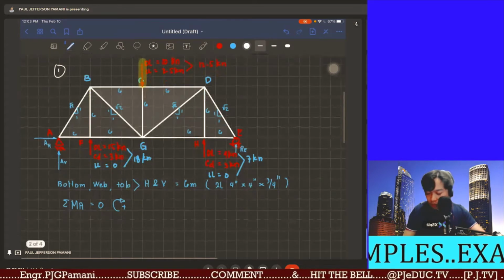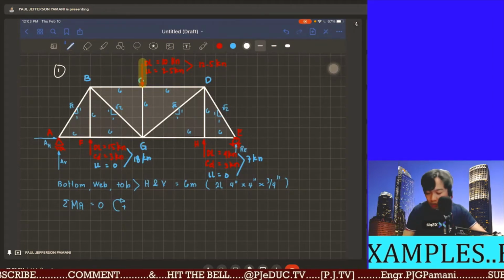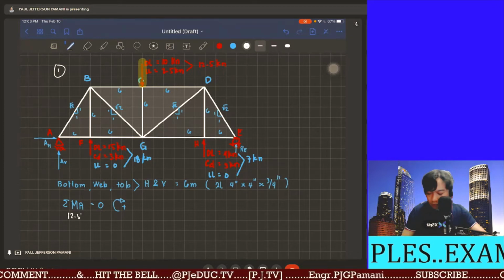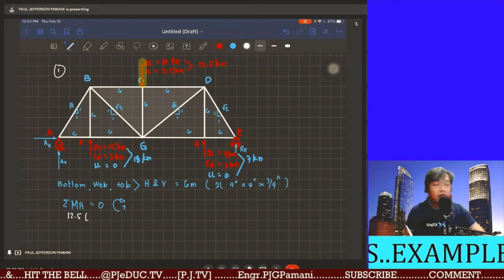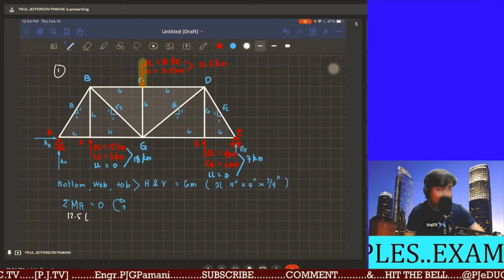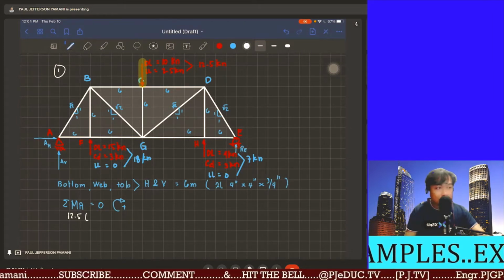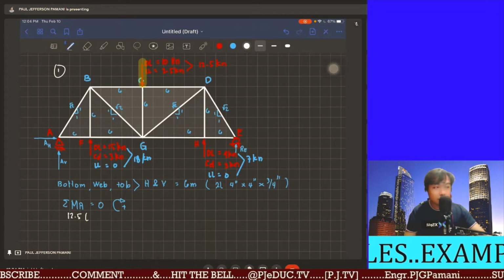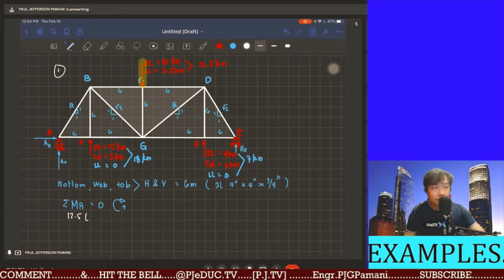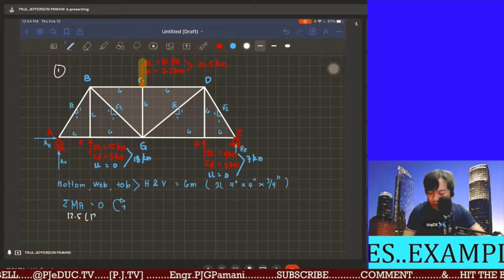So we have a total load at joint C directed downward towards point A. That is 12.5 kilonewton clockwise, counterclockwise. Clockwise po. Positive, negative. Positive. Of course, that is positive. Clockwise towards point A, 12 meters.